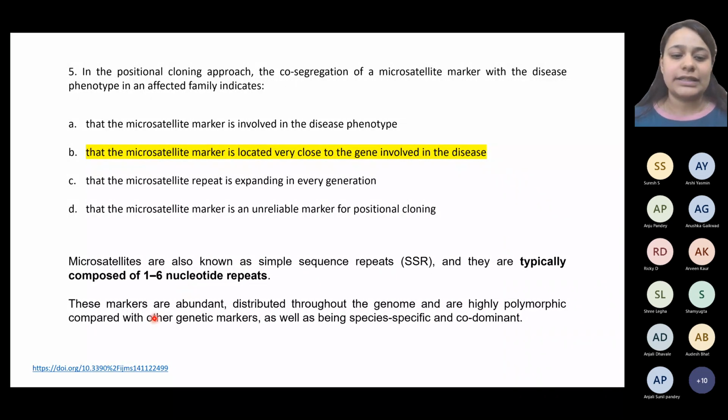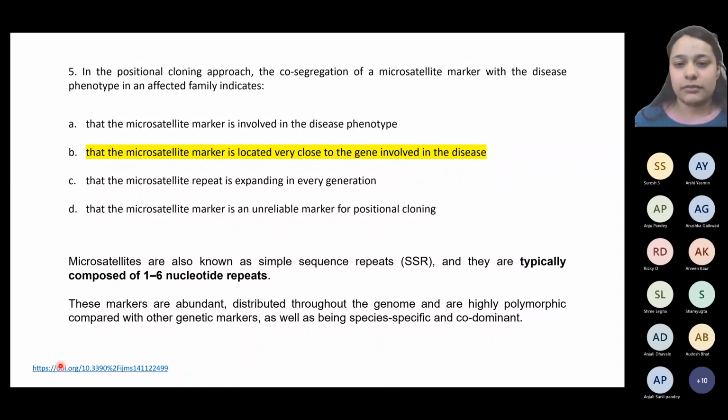And these simple sequence repeats or microsatellites are markers. These markers are abundant and they are distributed throughout the genome and are highly polymorphic compared with other genetic markers, as well as being species specific and codominant. Okay. So what does this mean?